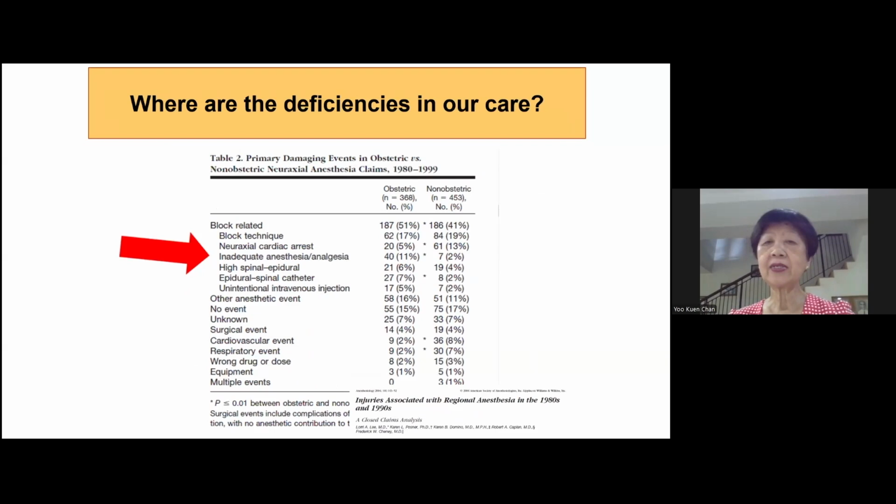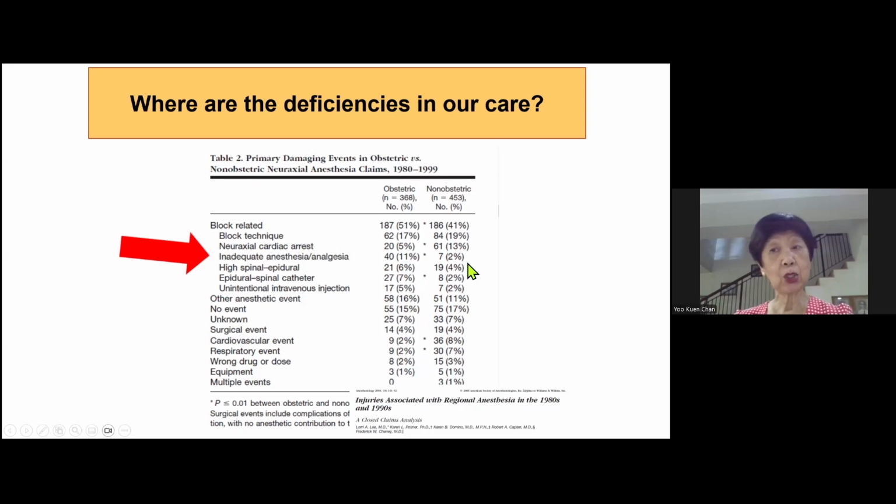Because of this predominance of regional anesthesia, we are beginning to see a new pattern in our deficiencies in care. If you compare data in the anesthesia claims between 1980 and 1999, where regional anesthesia became the main focus for obstetric and non-obstetric, inadequate anesthesia or analgesia comes up to as much as 11% of the claims compared to the non-obstetric claims.